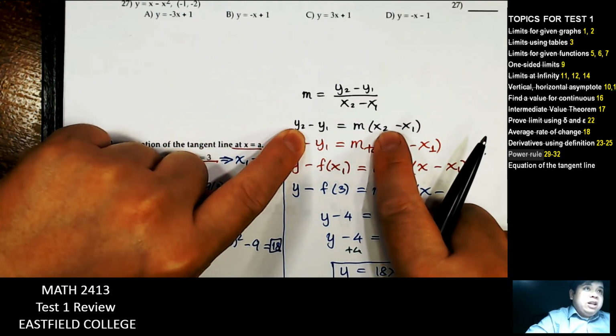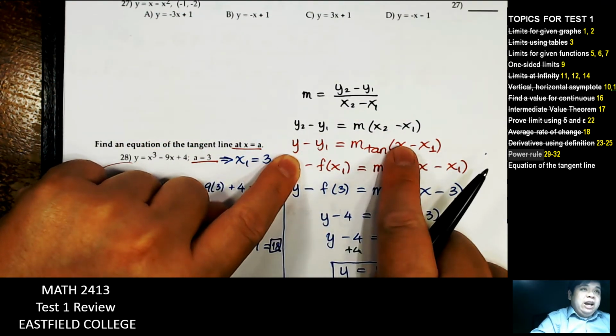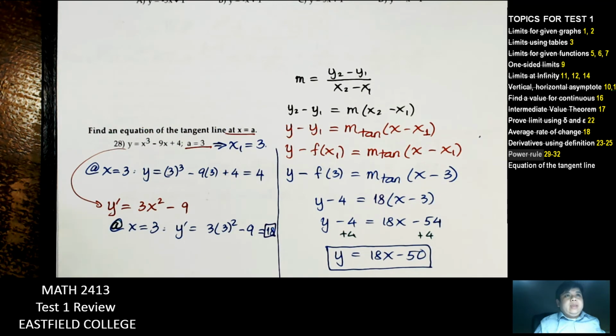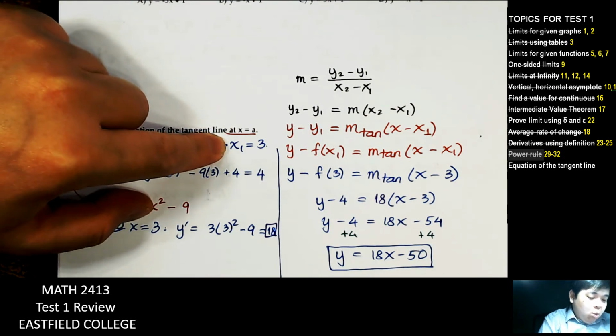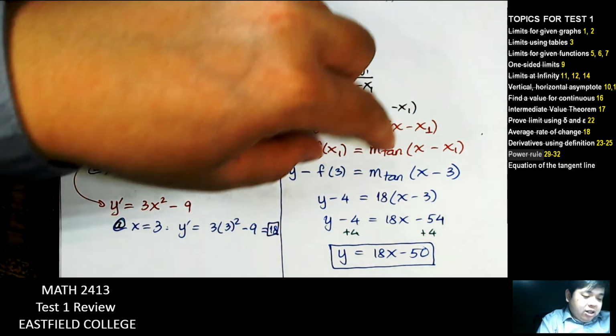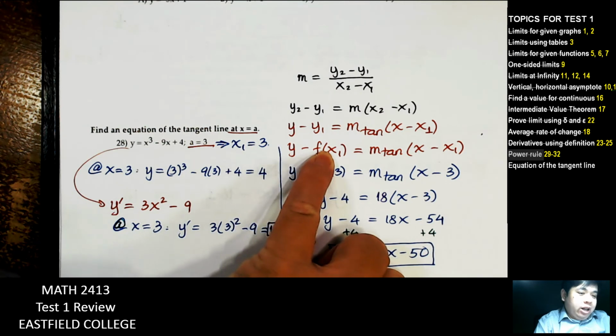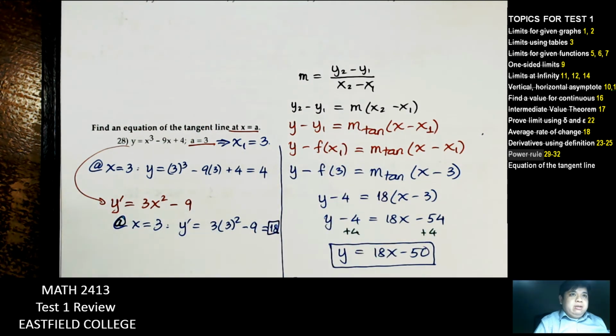And we just drop the index 2, and we have y and x in the equation. So in the equation, most likely we will be given the point x1. So we know that. We just need to find the value of the function at x1 and the derivative at x1.